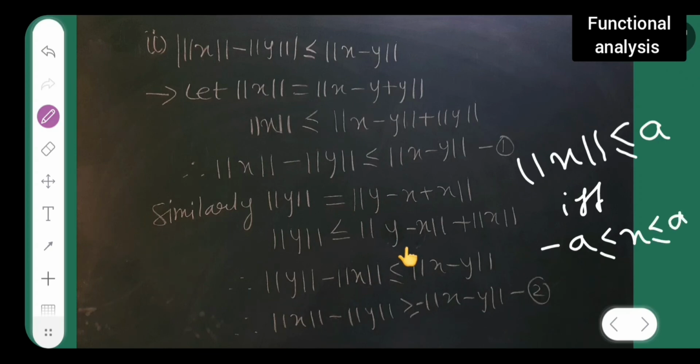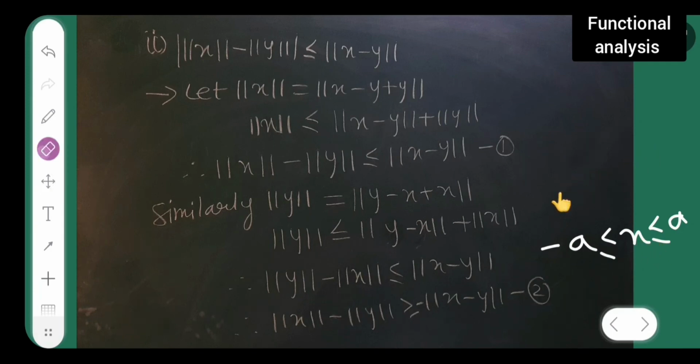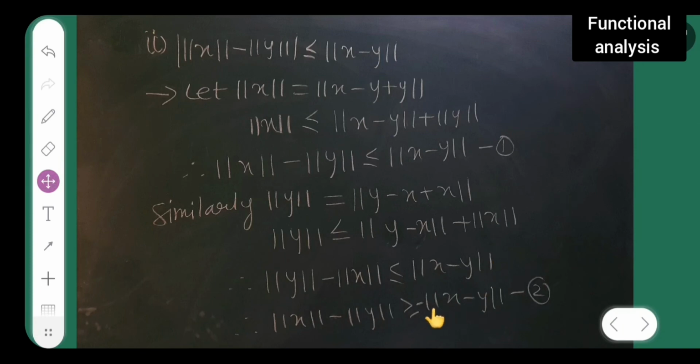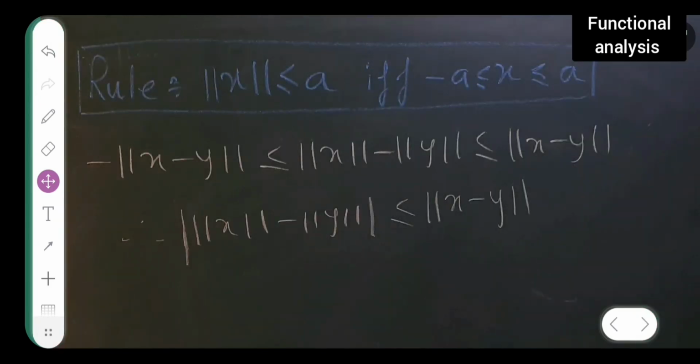So this thing I'm going to write in this form. Now see, −||x − y|| is less than or equal to ||x|| − ||y||, and this is less than or equal to ||x − y||. I'm going to write it on the next page. So you all have to know this rule.